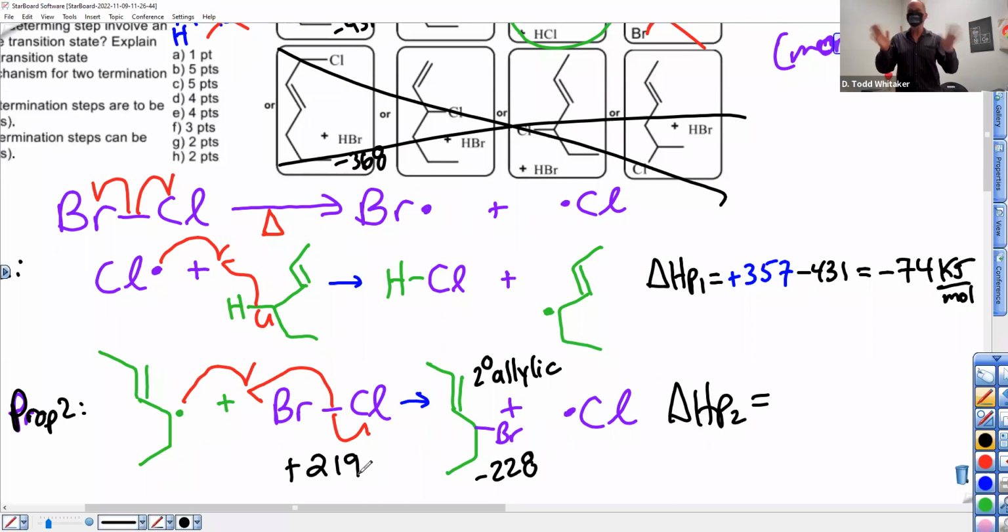Making bonds is exothermic. End of story of confusion. What are you doing to the BrCl bond in your mechanism? You're breaking it. What sign are you going to use? Positive, endothermic. If things are being held together, you've got to yank on them for them to come apart. Yanking equals energy. You're putting energy in, right?